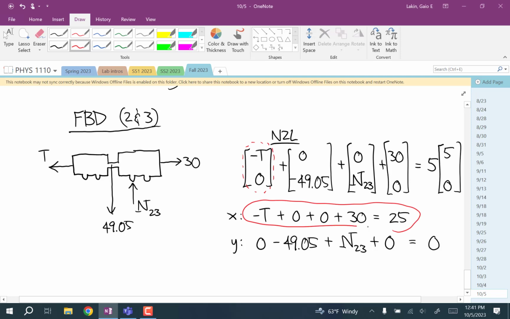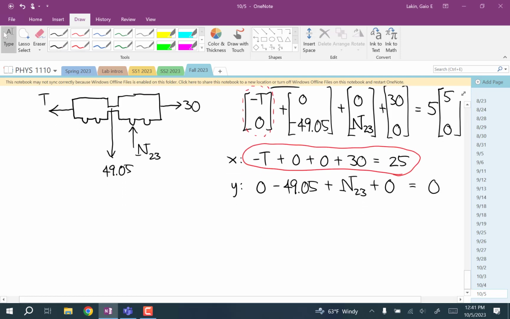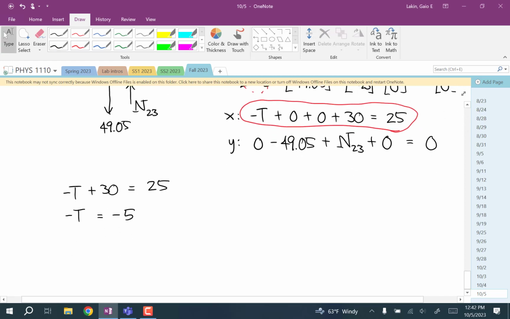And we'll use this equation to calculate T. Negative T plus 30 is equal to 25. So negative T is equal to, subtract 30 from both sides, you get negative 5. So T is equal to 5 newtons.